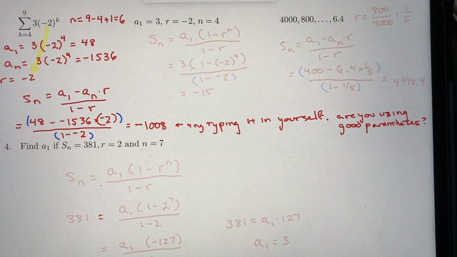Okay, so the sum formula on this is even more susceptible to bad parentheses than the arithmetic one. This one, I'm given r and n, so I'm just going to use the other version.